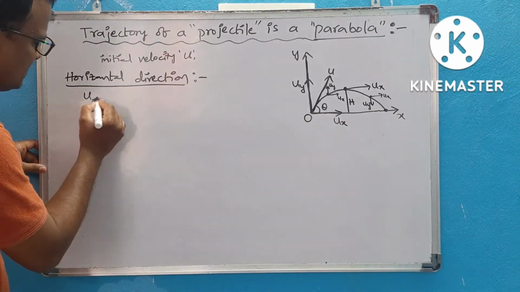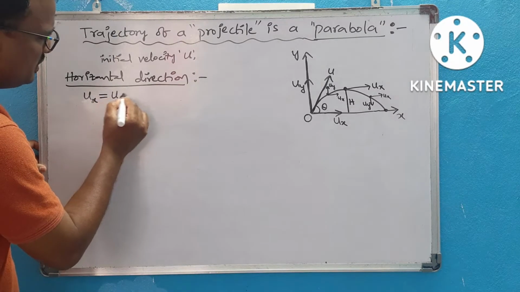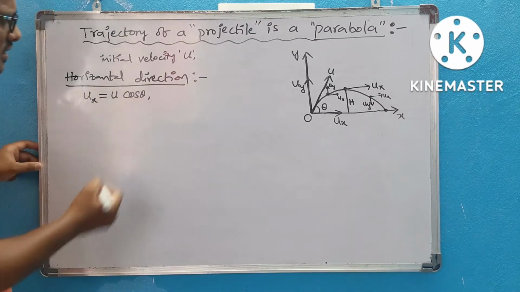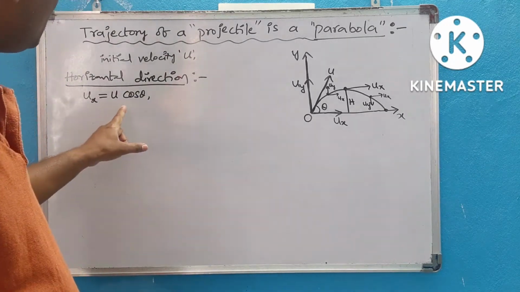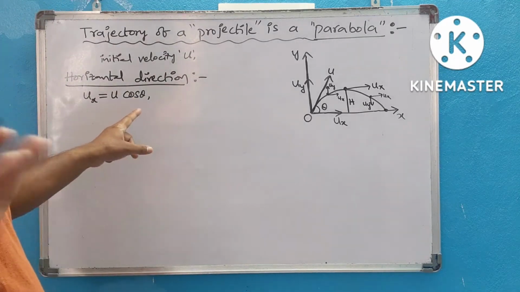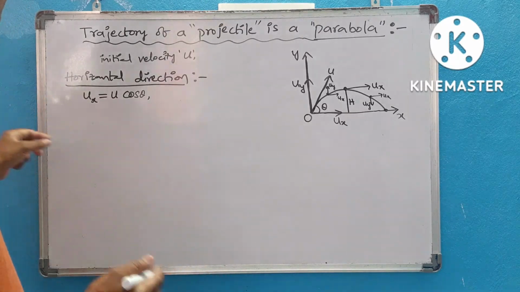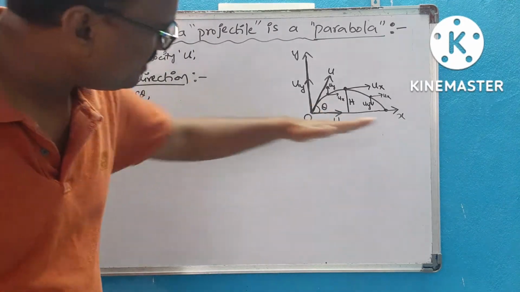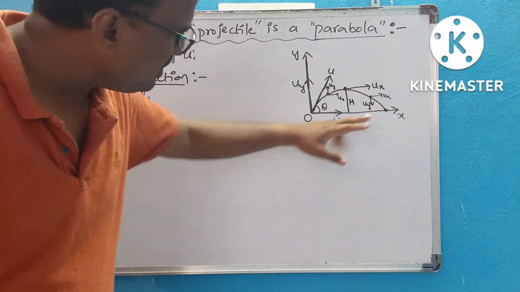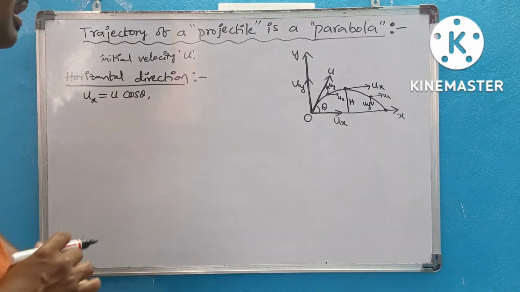So ux equal to u cos theta. Already you knew that for the horizontal component we take cos theta, and for the vertical component we take sin theta. So initially we consider only the horizontal direction, ux equal to u cos theta.